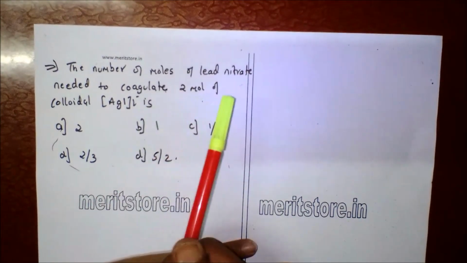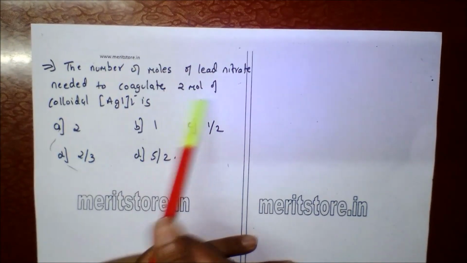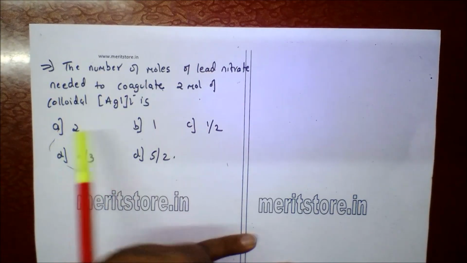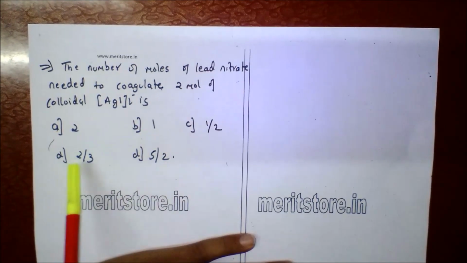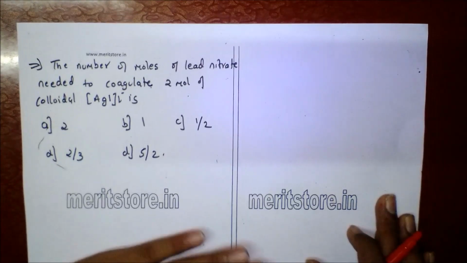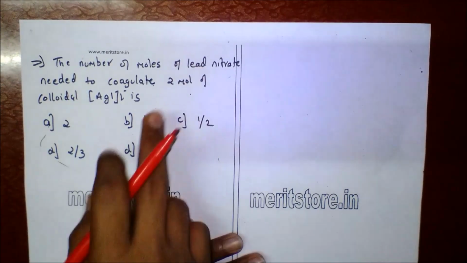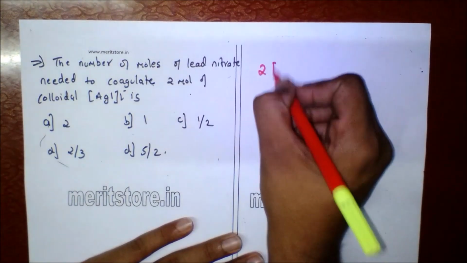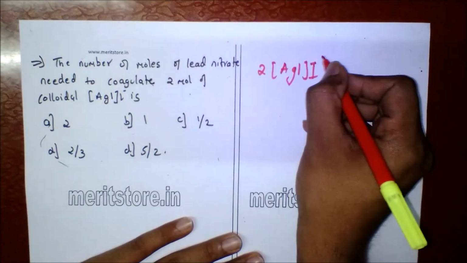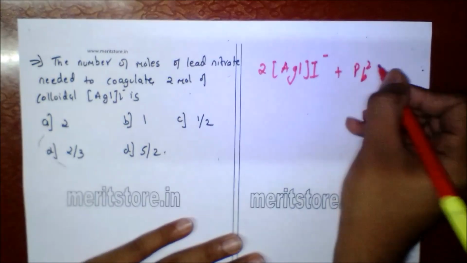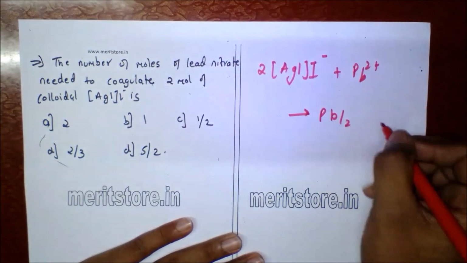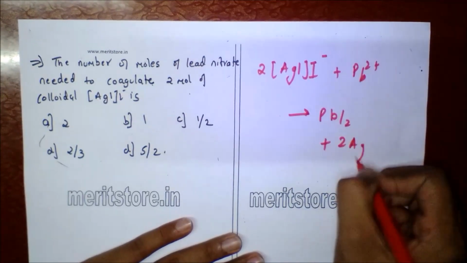The number of moles of lead nitrate needed to coagulate 2 moles of colloidal AgI minus is A. 2, B. 1, C. 1/2, D. 2/3, and E. 5/2. Now, the reaction to coagulate is given as 2AgI minus plus Pb2+ gives PbI2 plus 2AgI.